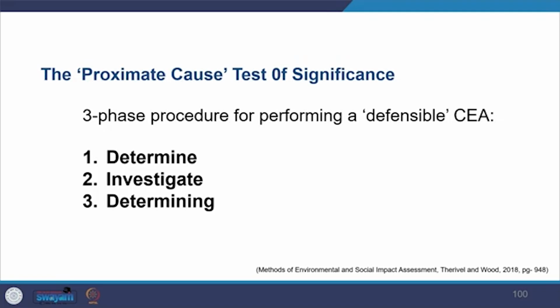Then you determine what happens to the conditions and trends of the resources. So what will really happen? That is how you decide whether the proposal has the likelihood of that happening, and why that condition is there, and then what will happen to that. So based on that, you evaluate the significance.